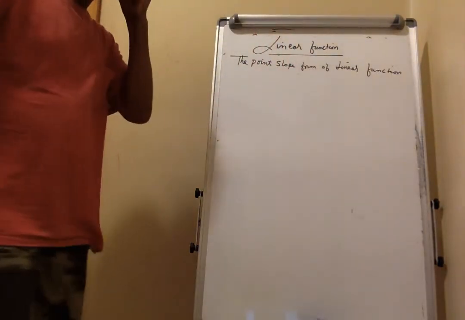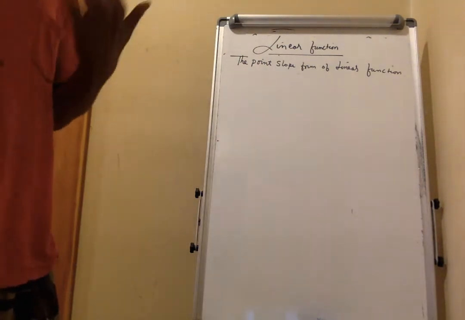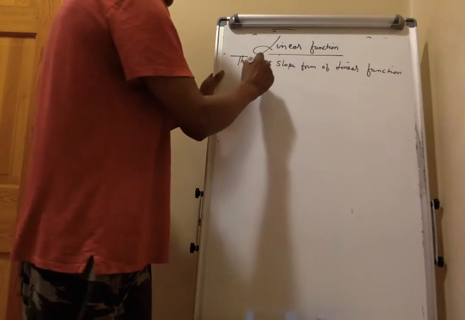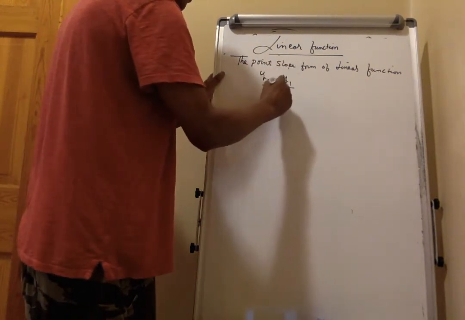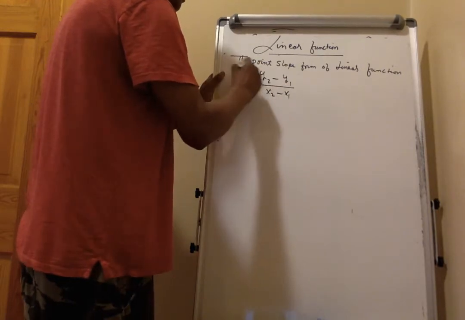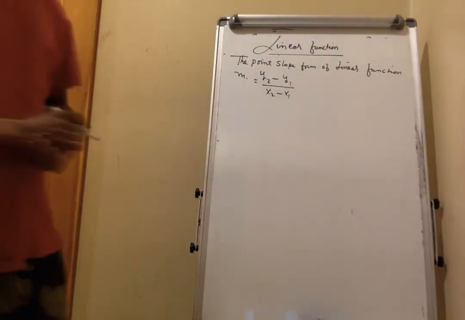And the point slope form derives from our formula of the slope, y2 minus y1 over x2 minus x1 is equal to m. The slope is the ratio of the difference of the two.